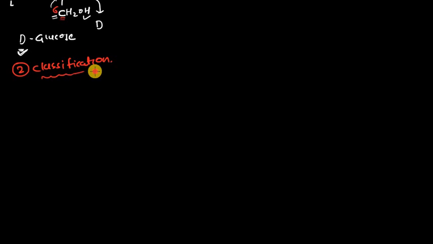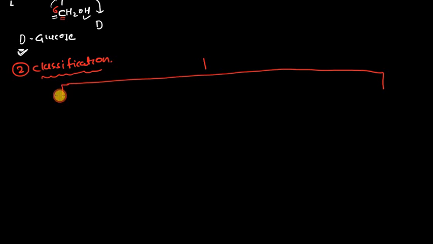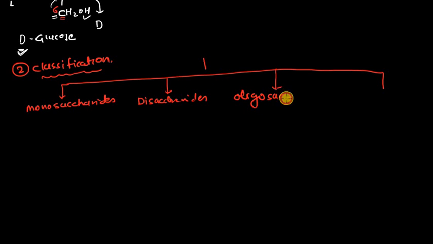There are many schemes of classification, but the simplest scheme I found is to first divide all the carbohydrates into four groups based on the number of monosaccharide units, the number of monomer units. The first is monosaccharides, the second is disaccharides, the third is oligosaccharides, and the fourth is polysaccharides.